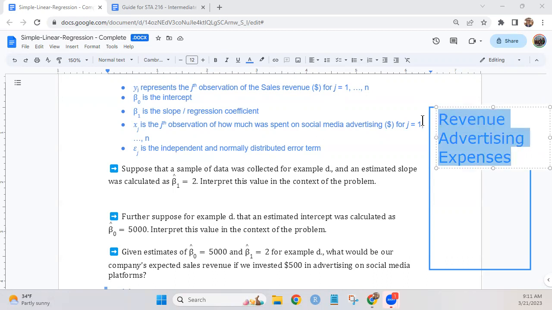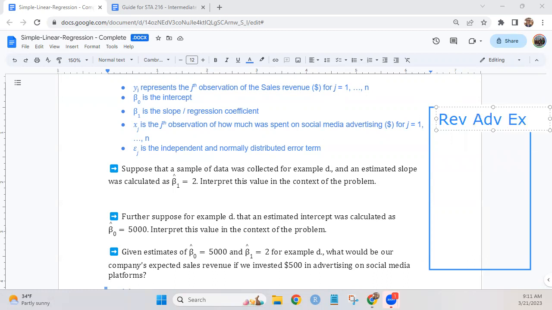Okay, let's just call it like rev and then like that. This is too big. Right.